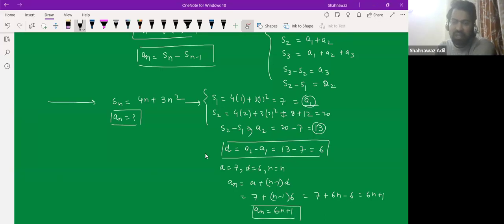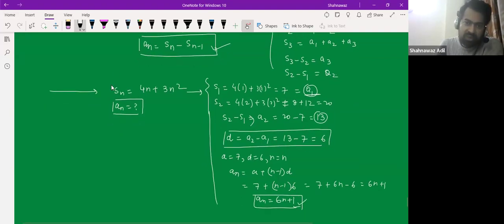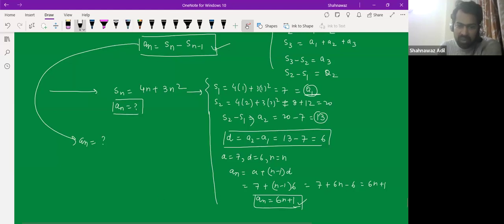So this is one such idea, but we can also use this relation and we can directly get this answer. So you guys, please use this thing and tell me what you are getting. Calculate An using this thing and tell me what you are getting.